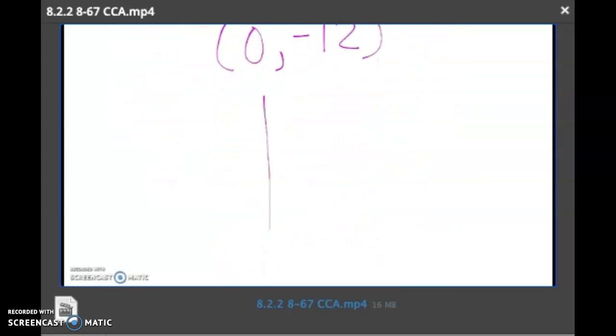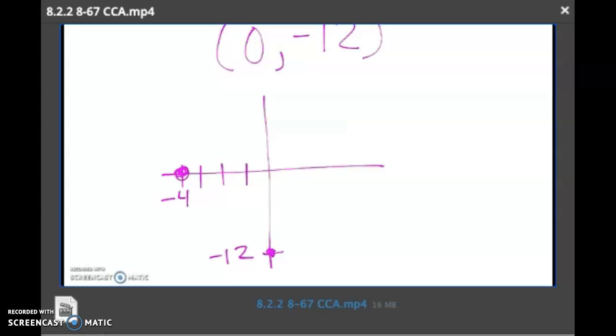This is just going to be a very rough sketch. So we've got negative 12 down here. I have one of my zeros at negative 4, 0.